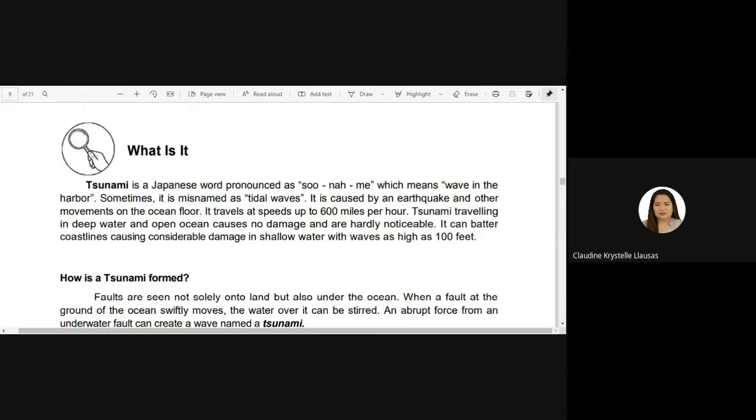Ang earthquake makaproduce og dagko nga balod. Ang unang mapiktuhan ana kay katong mga properties, mga tao nga near sa seashore, naa sa baybay. Ha? Walay tsunami nga mahitabo kung naa ka sa bukid, ha? Dapat naa dapit sa baybay. Now, question, how is a tsunami formed?